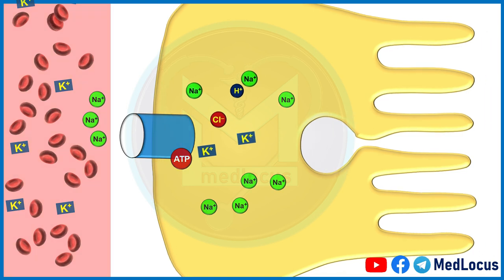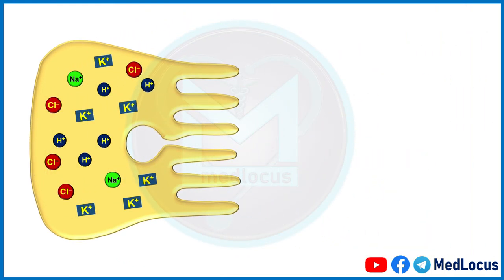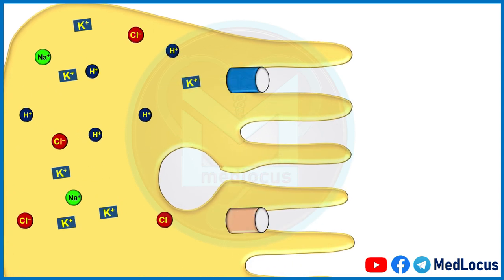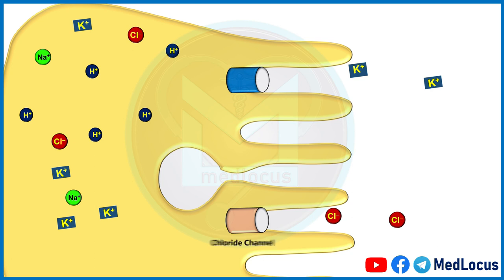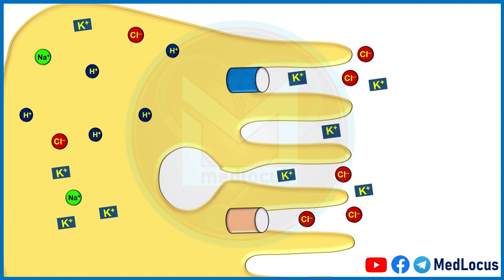This occurs repeatedly and ultimately leads to increased intracellular levels of potassium and chloride ions. Now, these ions are transported into the lumen of the canaliculus through conductance channels. Chloride ions pass through chloride channels and potassium ions pass via potassium channels. This leads to increased levels of potassium and chloride ions in the canaliculus of parietal cells.